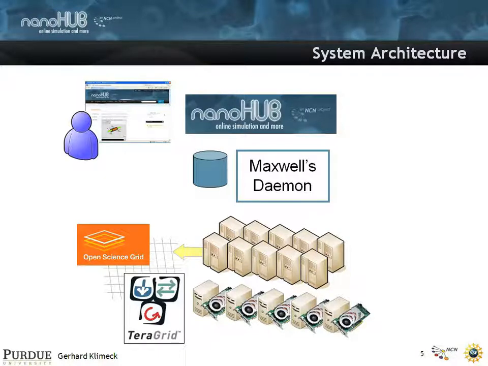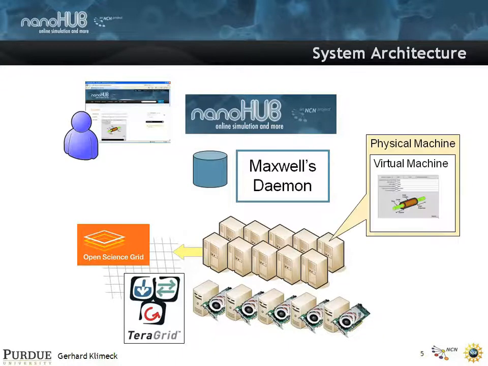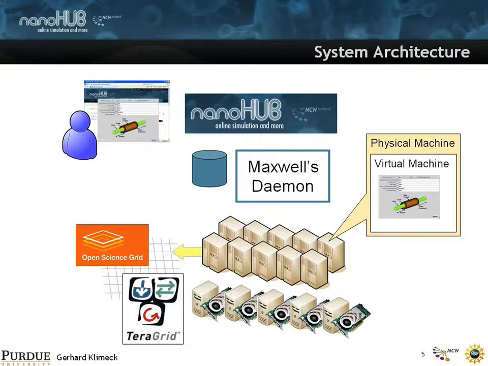But if you go into a tool page where you say, okay, I want to launch a tool, what happens is a virtual machine on top of a physical machine gets allocated, and in that virtual machine we run a Unix application, a full-fledged Unix application with a real user interface, and we pipe that interface to the user into the browser. So it's kind of like a remote desktop or VNC. If these things mean something to you, that's fine. If they don't, then consider it magic.